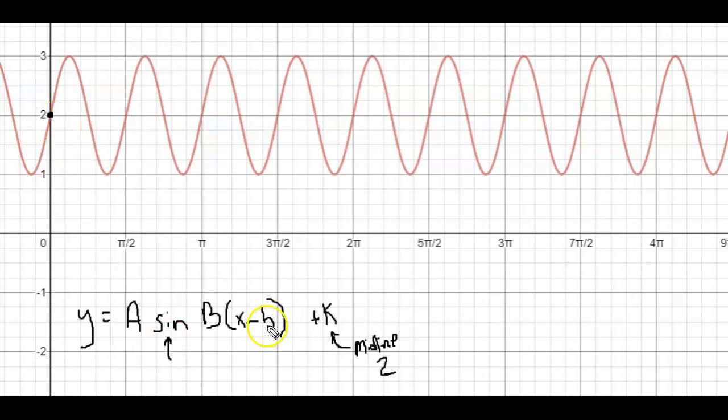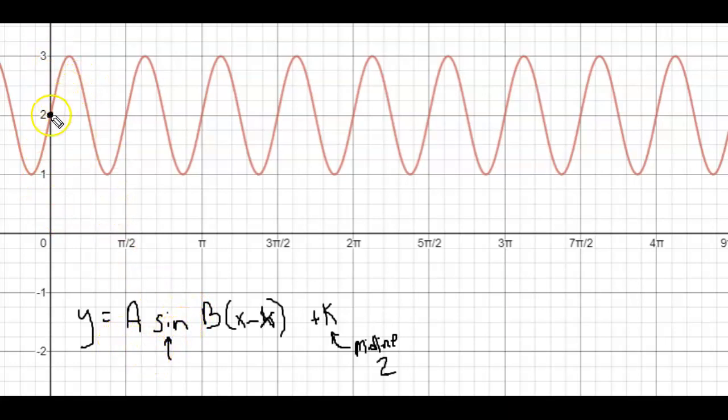It also tells me that it didn't shift any to the left or the right. It is actually on the y-axis. If the middle of the wave or the top of the wave is not on the y-axis, that's when you realize you've had a phase shift. But if the middle of the graph or the maximum of the graph is on the y-axis, then that just helps you identify whether it's sine or cosine.